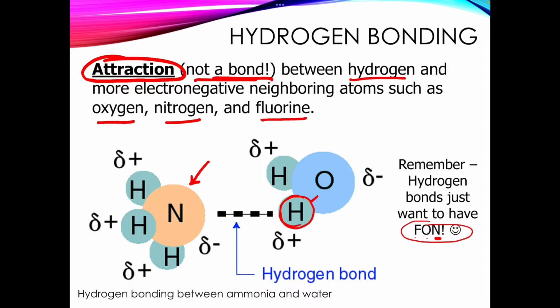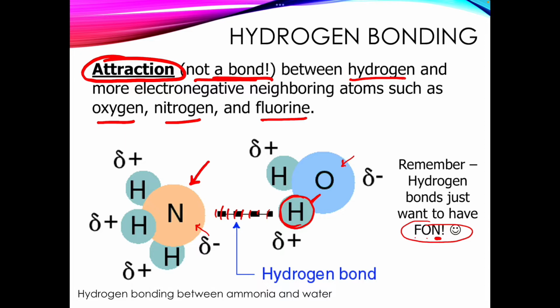Nitrogen is attracted to a hydrogen that's bonded to a really electronegative atom. I know that sounds a little bit confusing. We're going to go through some examples. You'll notice, though, that when you're looking at this, nitrogen has a partial negative because it's really, really electronegative. Just like oxygen here has a partial negative because it's really, really electronegative.